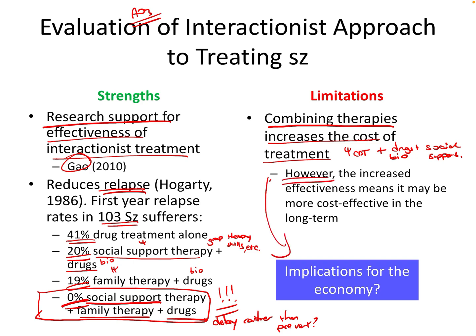However, if it's preventing relapse, if it's preventing hospitalization, then it might mean that actually, in the long term, this is a better way for treating schizophrenia, rather than just relying on drugs, which people often discontinue after 6 months or a year, and might be more effective than just psychological therapies alone. So although, yes, it is more expensive, again, in the long run, it actually might be a more cost-effective option.